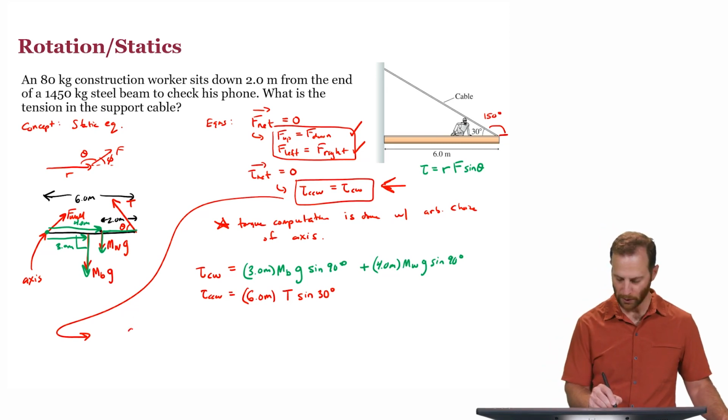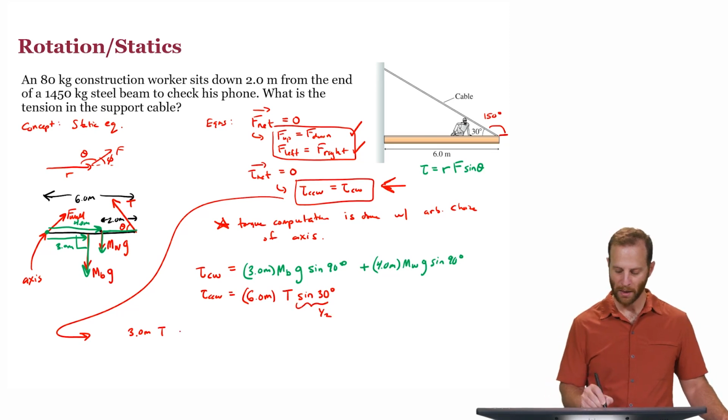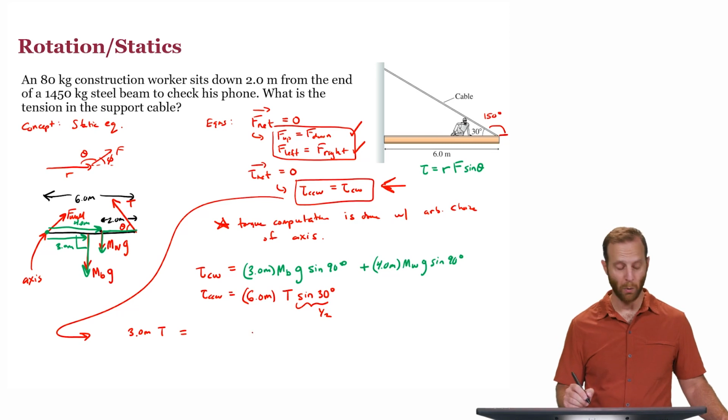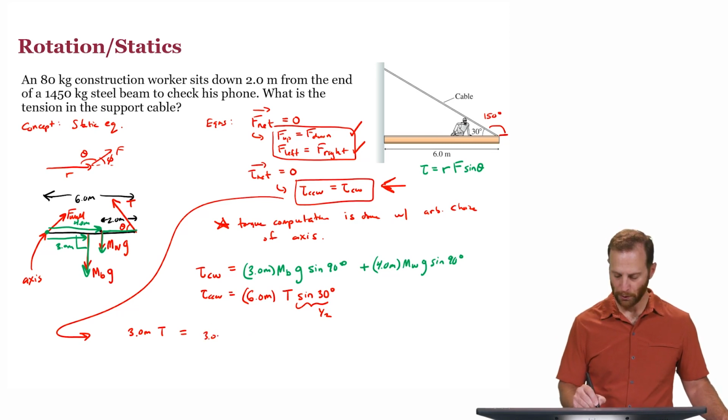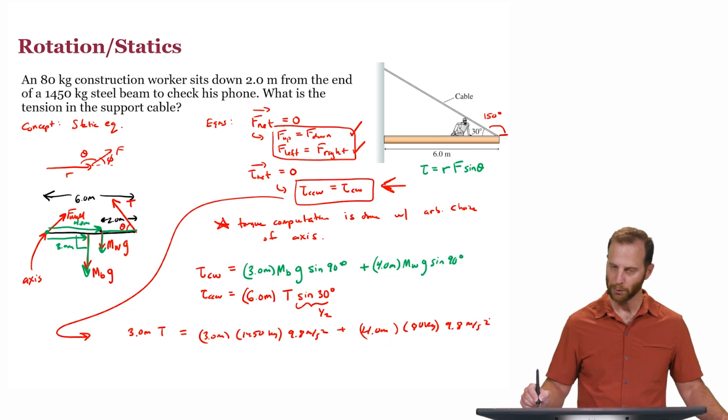What we have is 3 meters times the tension force. Where does that come from? Because this is 1/2. That's equal to the clockwise torque, which is 3 meters times 1450 kilograms times 9.8 meters per second squared, plus 4 meters times 80 kilograms times 9.8 meters per second squared.